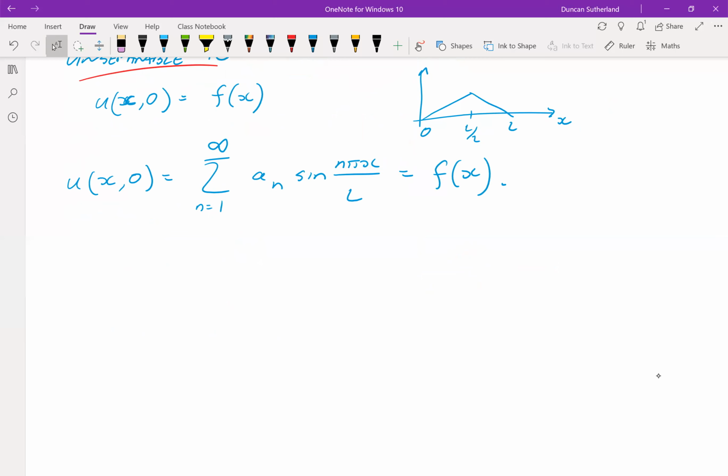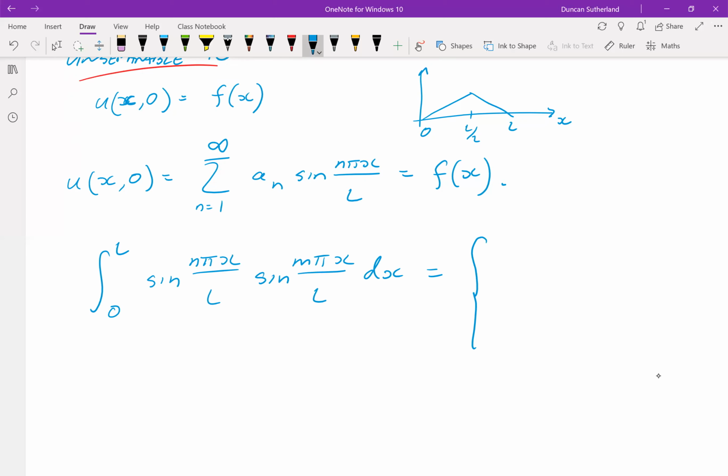The important one that we need here is the integral from 0 to L of this function times this function with respect to x is equal to, what is it? L on 2 when m is equal to n and 0 otherwise.